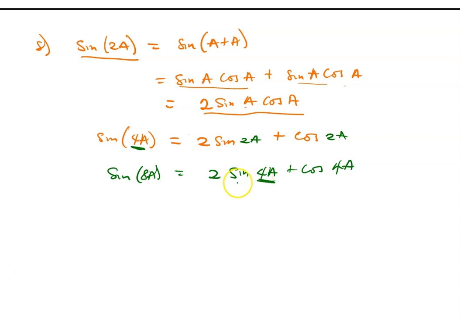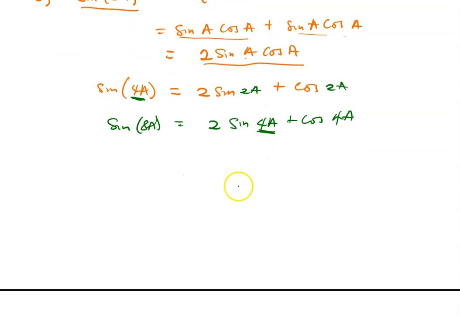Are you okay? So we should also take note of cos 2A. If I have cos 2A, what do I get? It's simply going to be cos(A plus A).